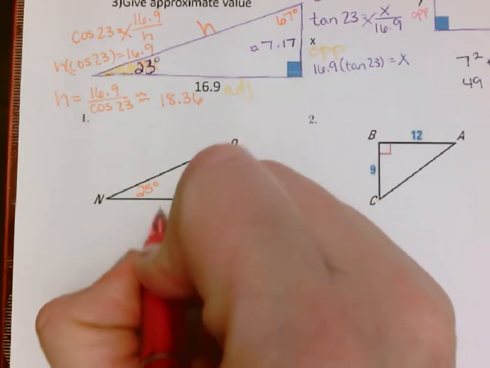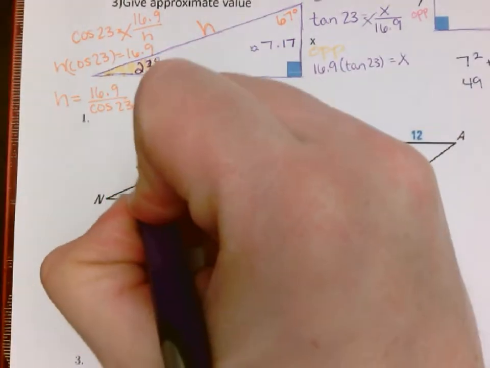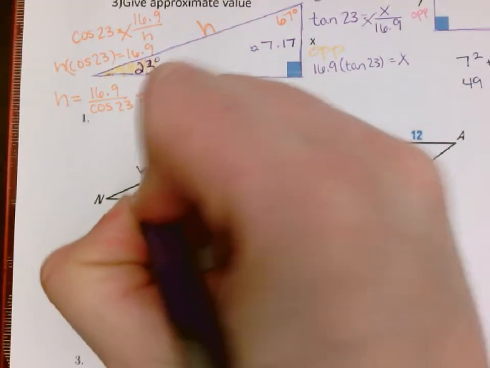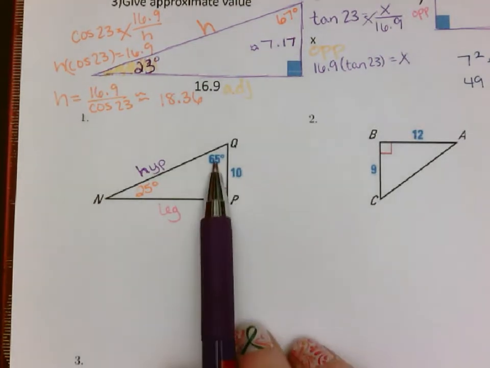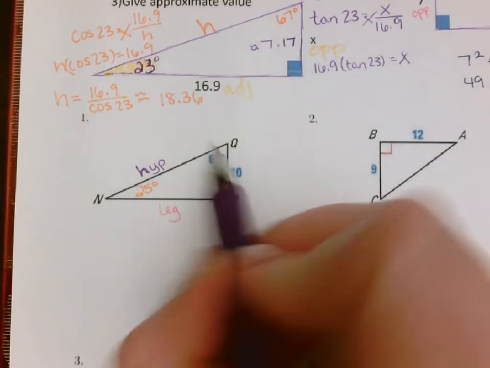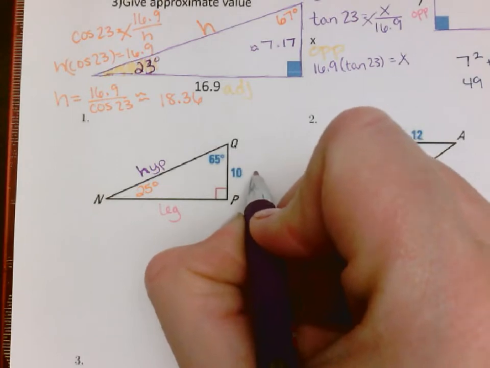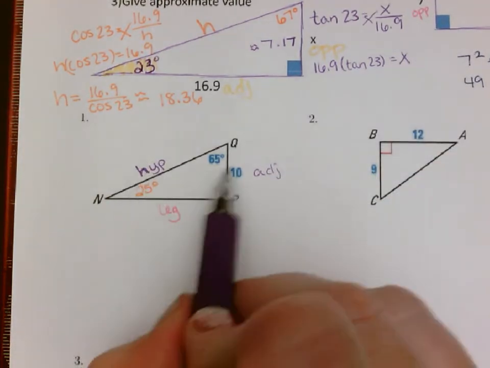To find one of these two sides, this would be the leg, and I'll call this the hypotenuse. If I want to find the hypotenuse based on the 10 and the 65, because I like to use what was given to me, based on the 65, this would be adjacent and this would be hypotenuse, so that would be cosine.